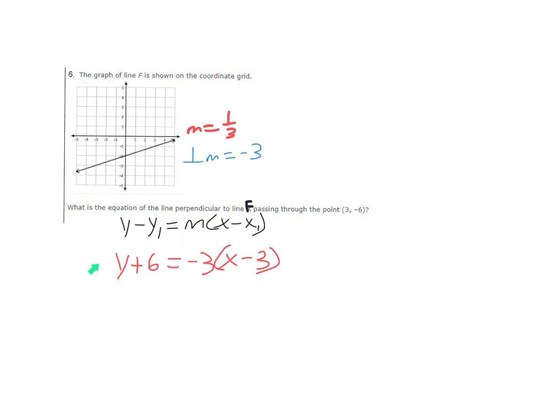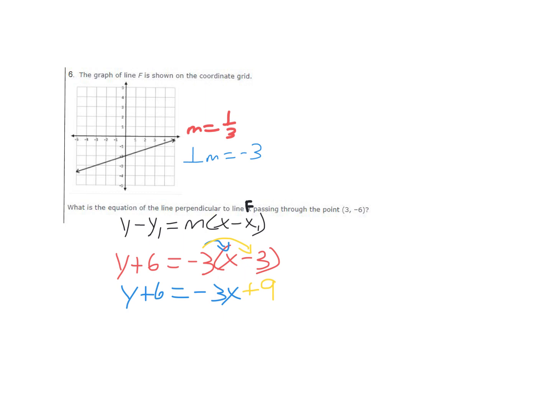If it's a multiple choice test, they may give you your answers in point slope form. If they're in slope intercept form, then you have to go the next step by multiplying the slope times the terms inside the parentheses and then solving for y. Let me show you what that looks like real quick. We have y plus 6 equals, and then we multiply -3 times x, which is -3x, and -3 times -3, which is plus 9.